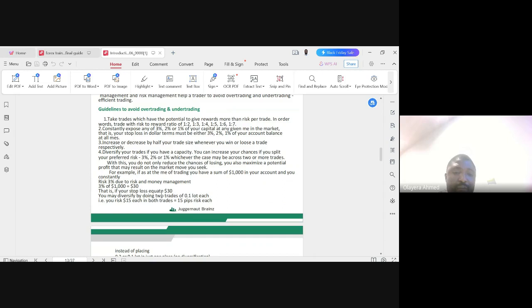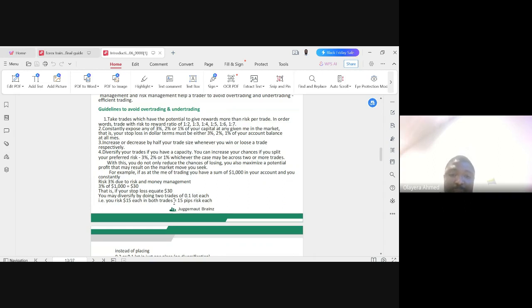That is, if your stop loss equates to $30, you may diversify by doing 2 trades of 0.1 lot each, right? That is, you risk $15 each in both trades. Do you understand exactly what I've explained before?